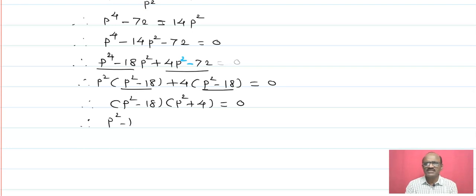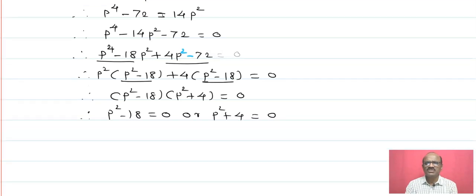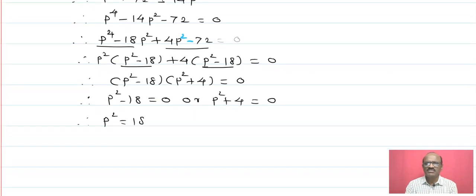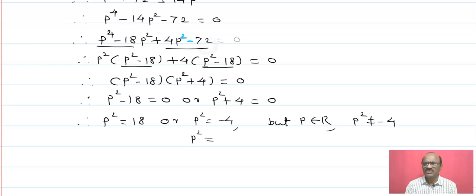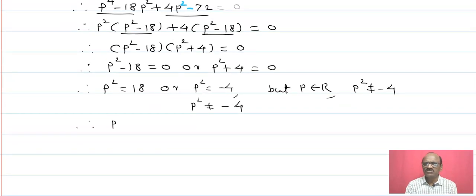Again, p squared minus 18 is equal to 0 or p squared plus 4 is equal to 0. Solving this, p squared is equal to 18 or p squared is equal to minus 4, but p is a real number and the square of any real number is always positive. Therefore, p squared is not equal to minus 4. This is not possible.